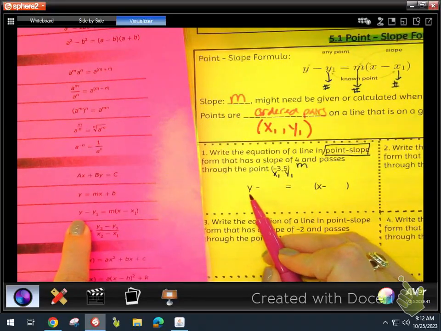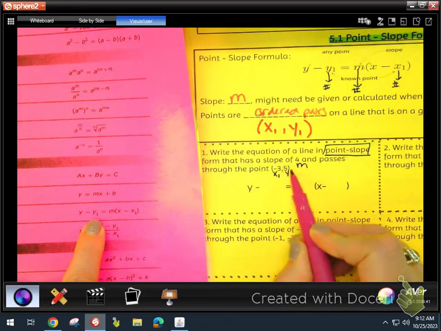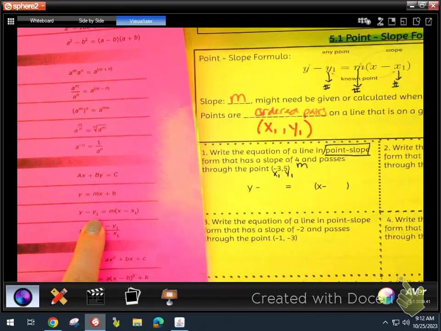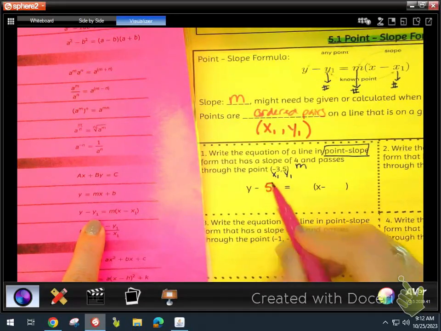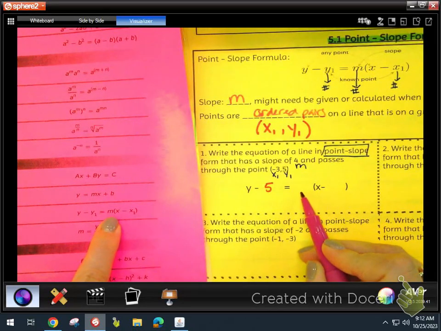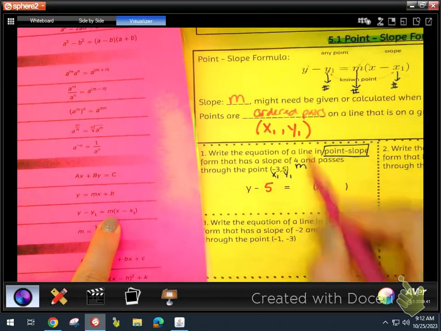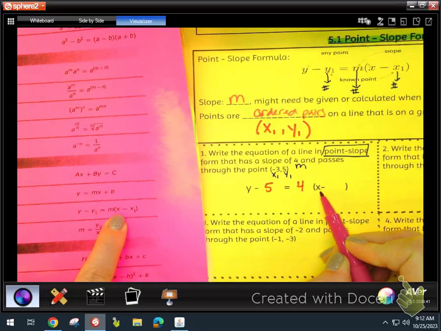Again, I gave you some framework here, but let's follow it. Y always stays as Y, regular Y. But for the y1, I'm going to grab my y1 number. In this problem, what is my y1 number? 5. So it says y minus, I'm going to plug a 5 right there, equals, what do I plug in next? 4, my M, which is 4. And then I open up parentheses, that's the plain x.